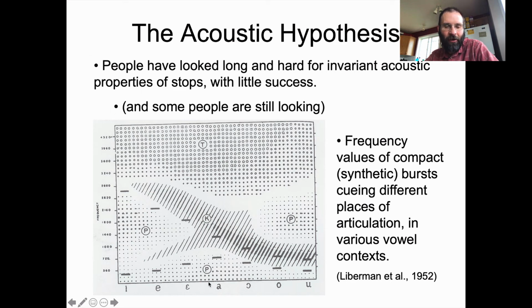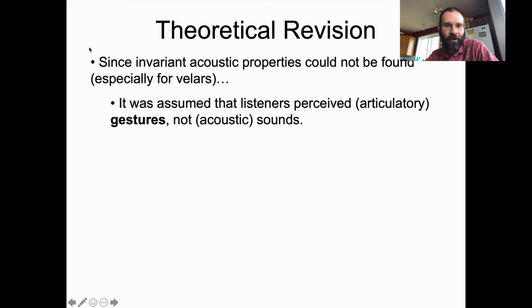You have to take vowel context into account and then do a few other mental gymnastics to get it to work. So since invariant acoustic properties couldn't be found, especially for velars, which are not really invariant at the articulatory level anyway, it was assumed that listeners perceive gestures, not sounds. This is one of the sources of the motor theory of perception.